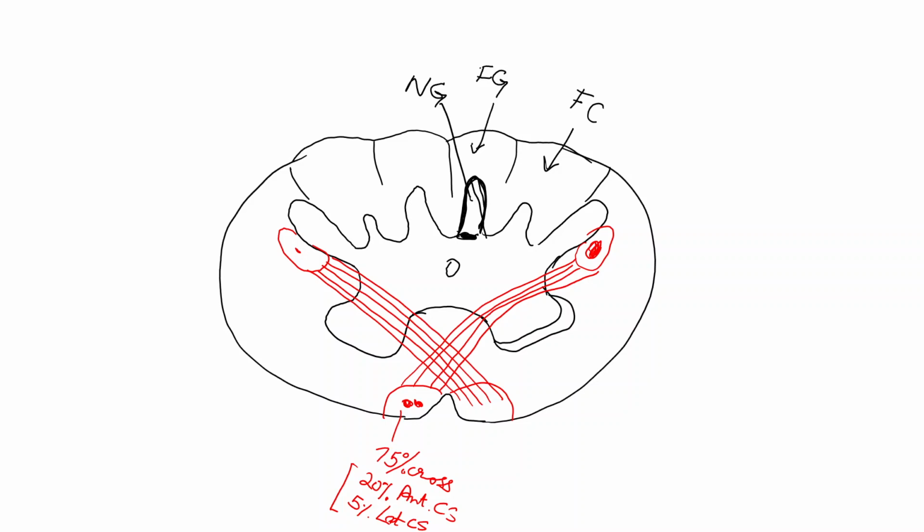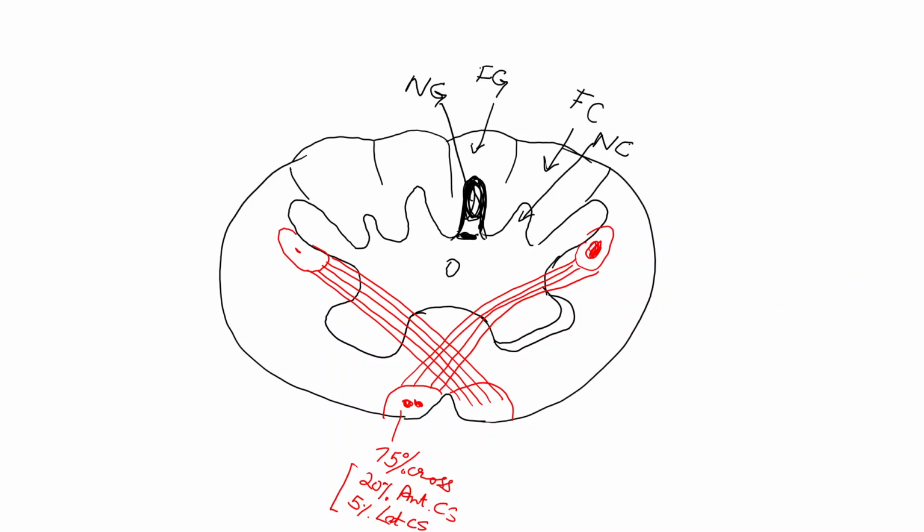That is, when we draw the diagram of section at the level of sensory decussation, we will see that this has totally separated, but here it will stay like this. Similar thing will happen to the cuneate nucleus. It will separate from the gray matter.